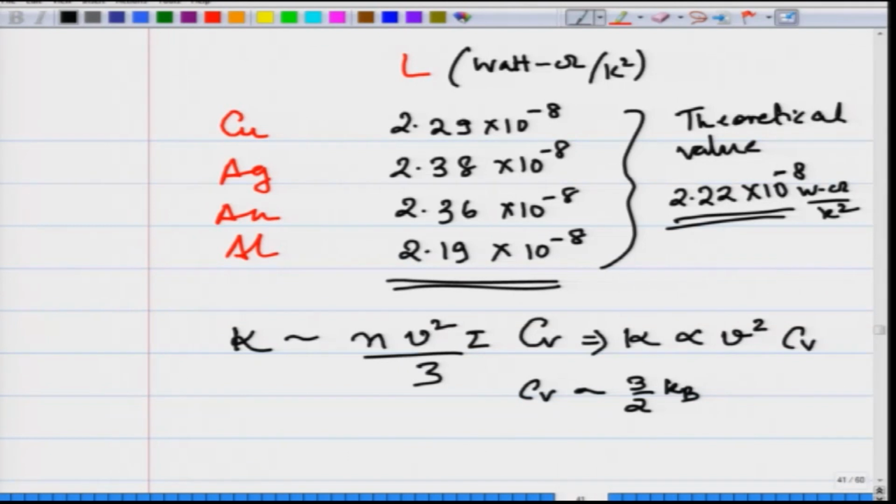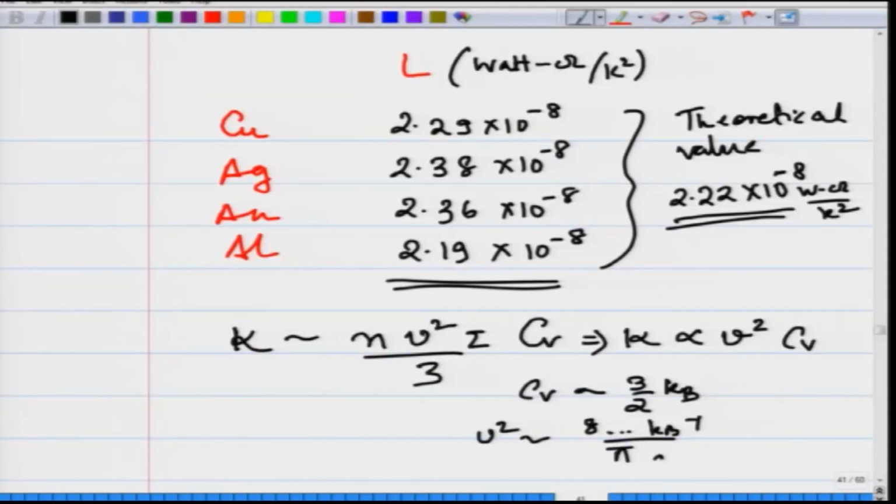So, this was assumed to be the specific heat of the electron, and using the kinetic theory of gases, with Maxwell's distribution, we obtained a velocity which was 8 kB T divided by pi m and so on.